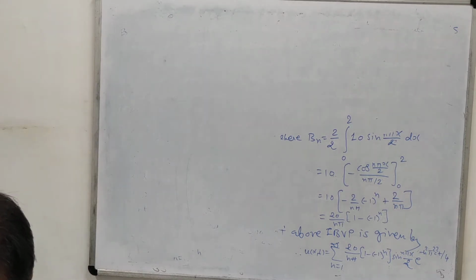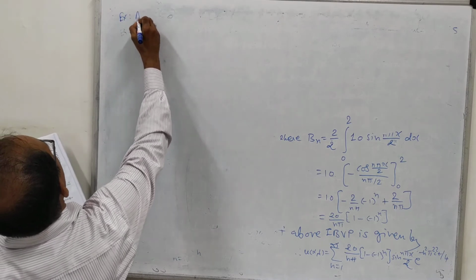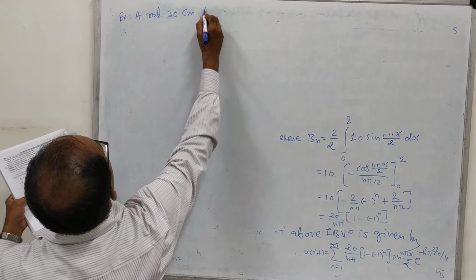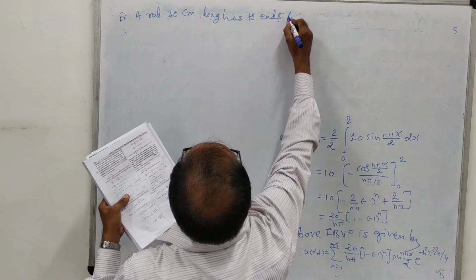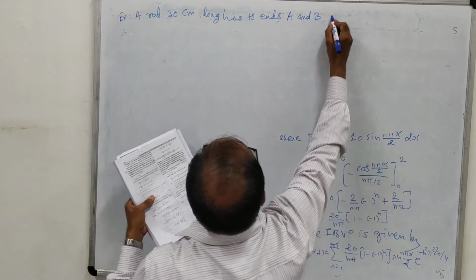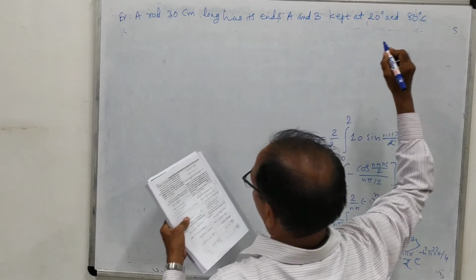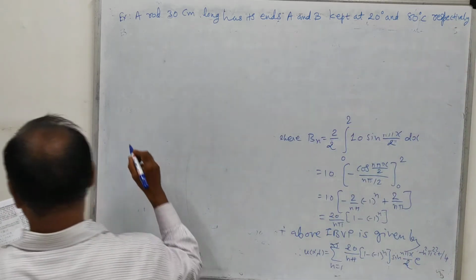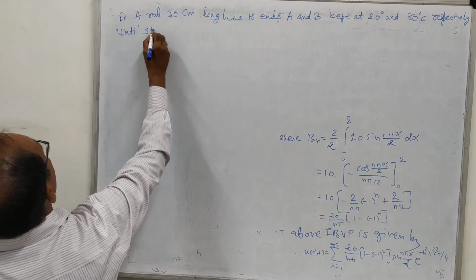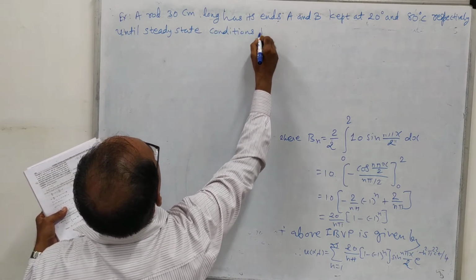Now let us see one more example. A rod 30 centimeter long has its ends A and B kept at 20 degree and 80 degree Celsius respectively until steady state conditions prevail.